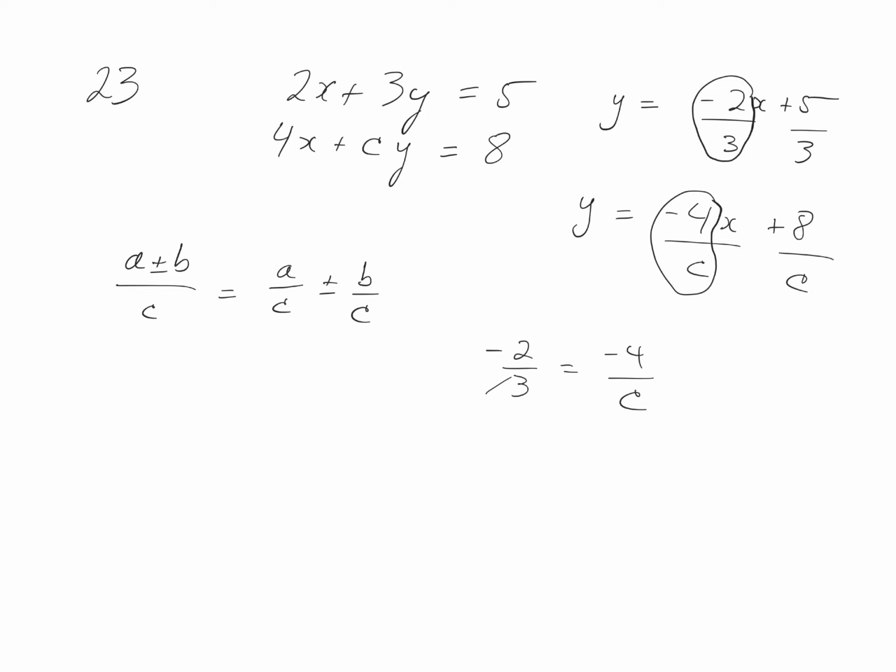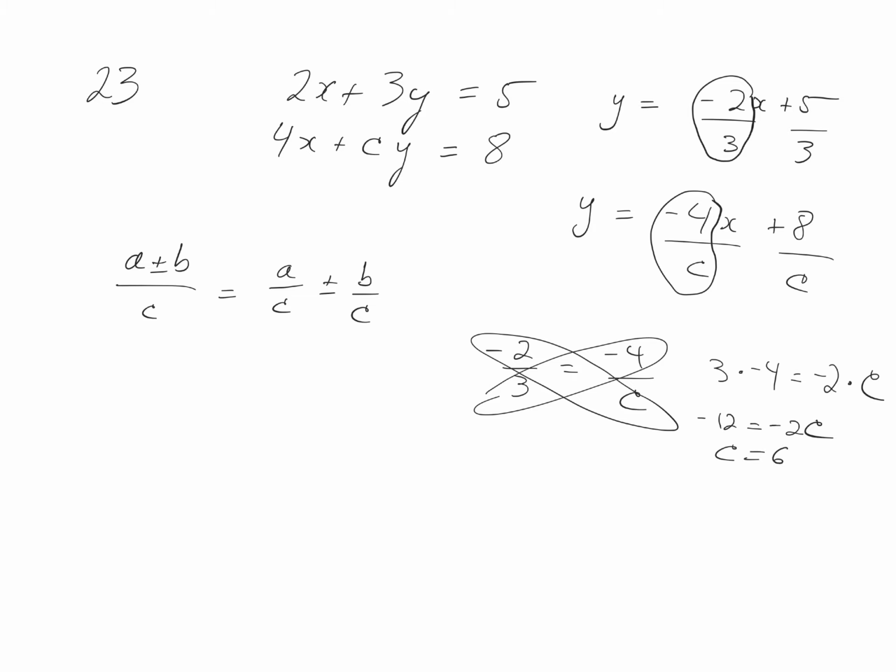And then to solve for c, I can cross multiply, like this and like that. And I get 3 times -4 equals -2 times c. And now I have -12 equals -2c. And so c equals 6. And so my answer is D.